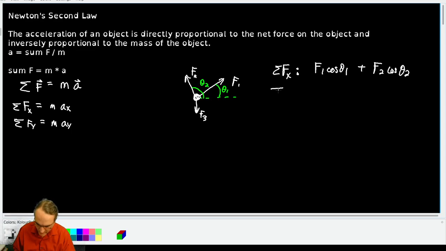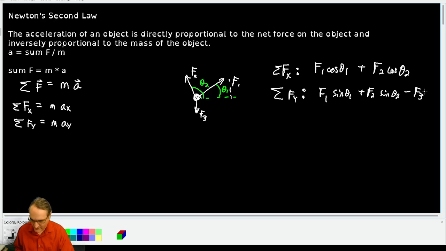Similarly, the y component of the force would look something like F1 sine theta 1 plus F2 sine theta 2 plus, or rather in this case minus, an F3 which points straight down. Got to be careful with that: the sine would be along the vertical side. So again, we can just divide things up into components and figure out what is going on.